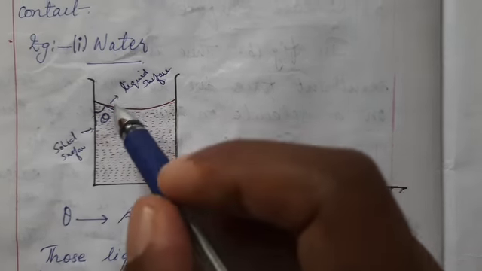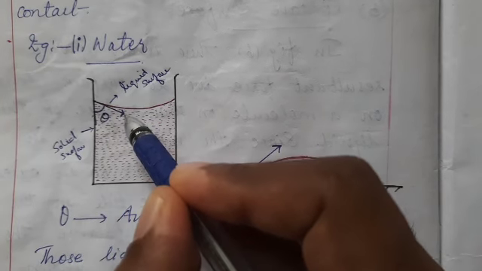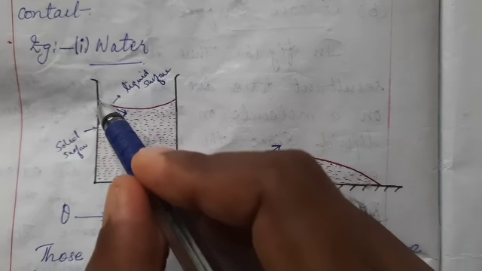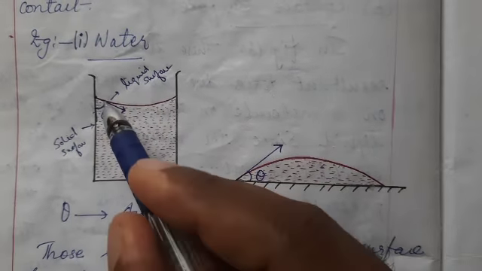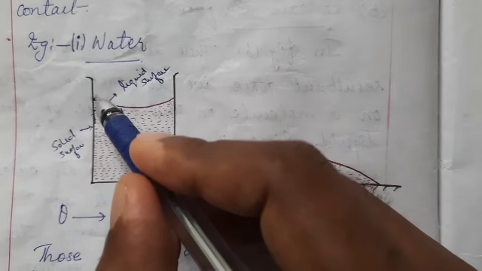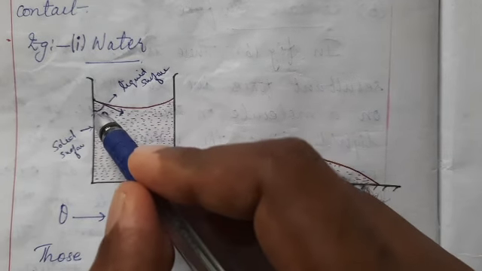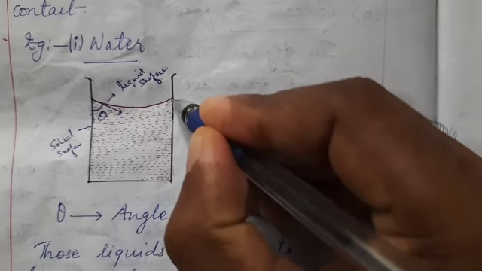So the angle which the tangent to the liquid surface at the point of contact makes with the solid surface inside the liquid, because it should be inside the liquid. This is the solid surface inside the liquid.